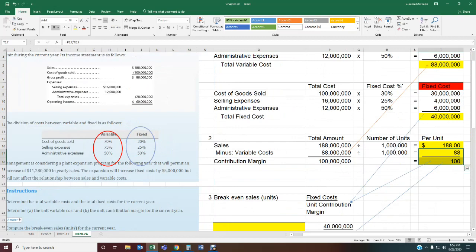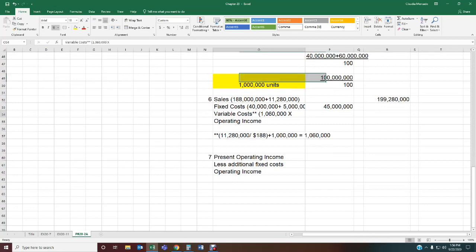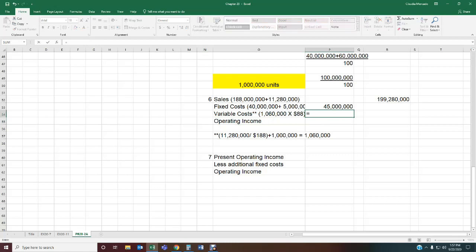The variable cost per unit is 88 because we are calculating variable cost. So for every unit, it'll be $88. So my variable cost is going to be 1,060,000 times 88. And that will give me 93,280,000.